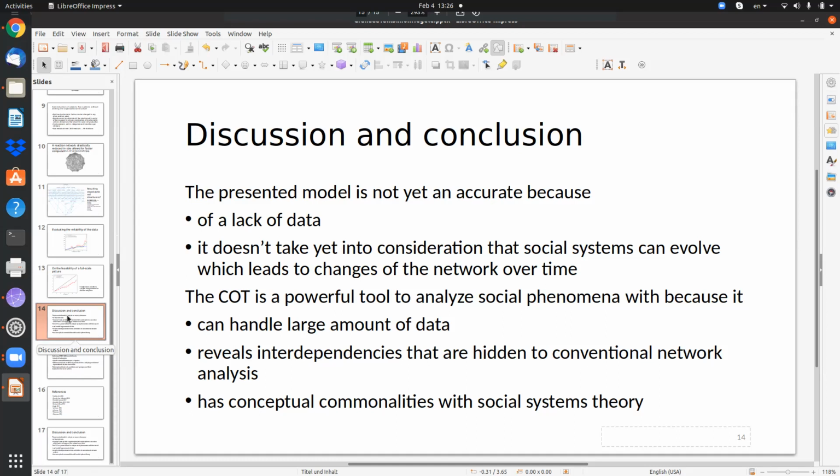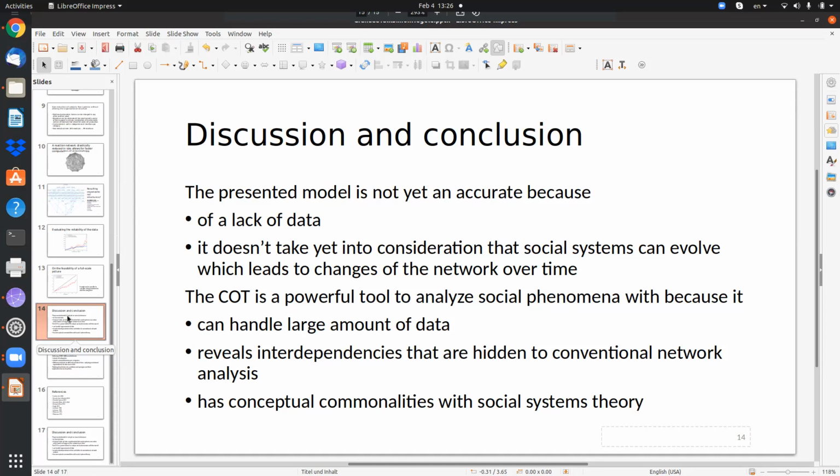But I showed that the chemical organization theory can be applied to social systems theory, and it's a very nice empirical tool because we can handle so much data, and we can reveal interdependencies that are not to be found with conventional network analysis.